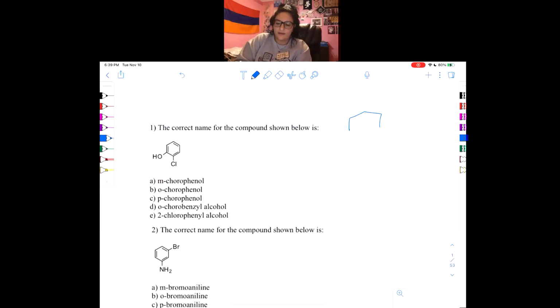I'm going to write this over here just for reference. If we have some substituent here, let's call it A, any substituent right next to it will be ortho, and then it will be meta, and then it will be para.